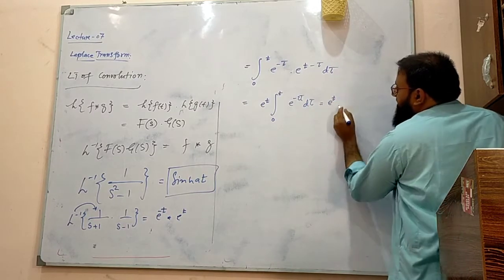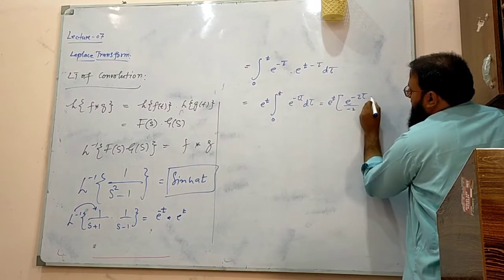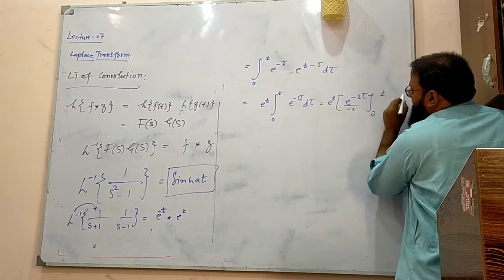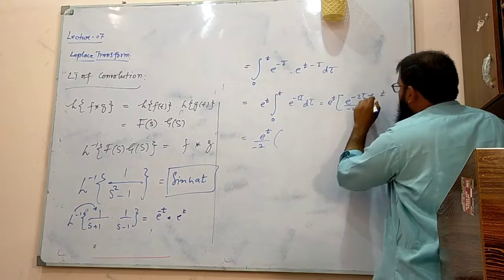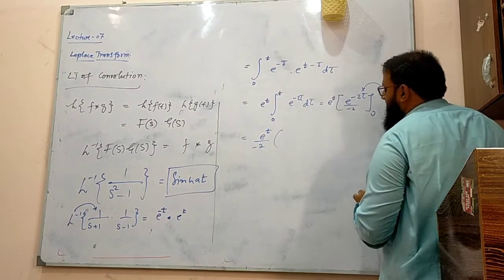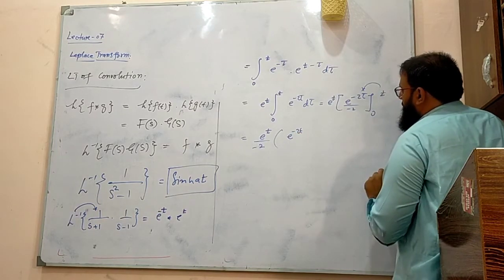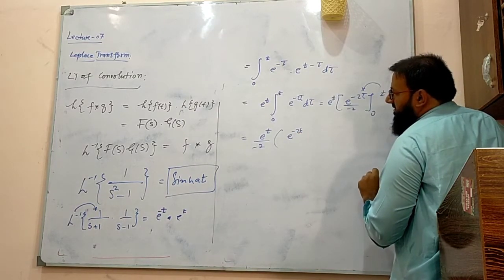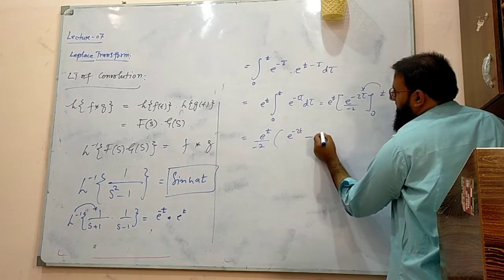e power t, the integral is going to be e power t divided by minus 2, the upper limit is e power minus 2t and minus 1.